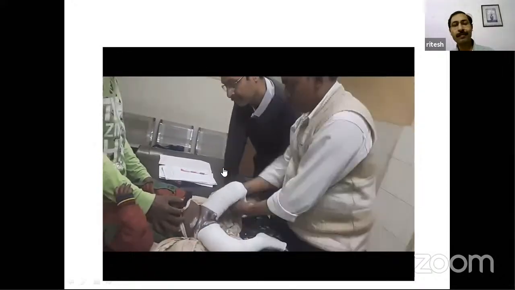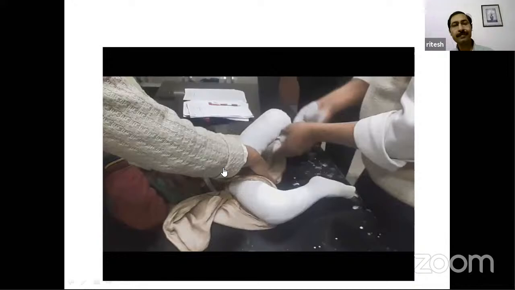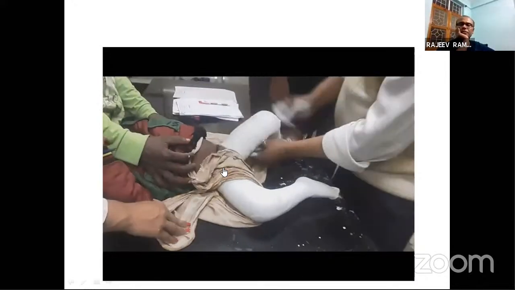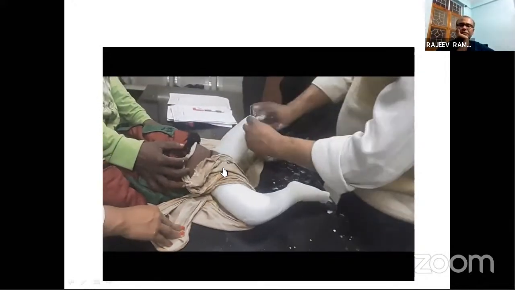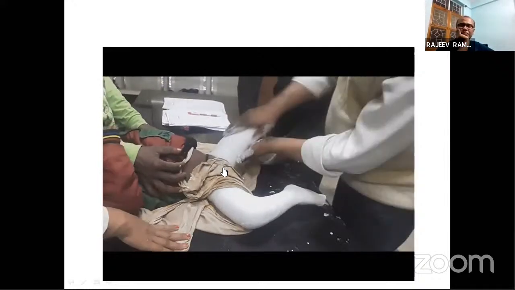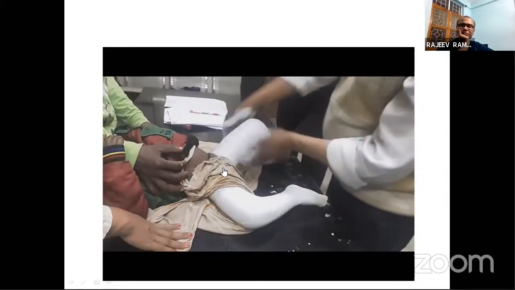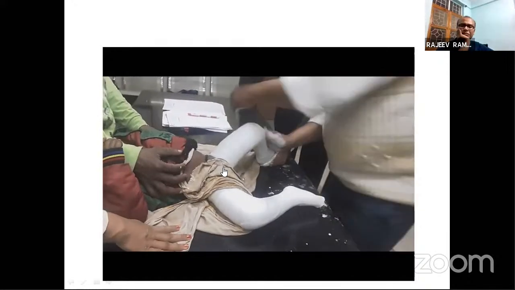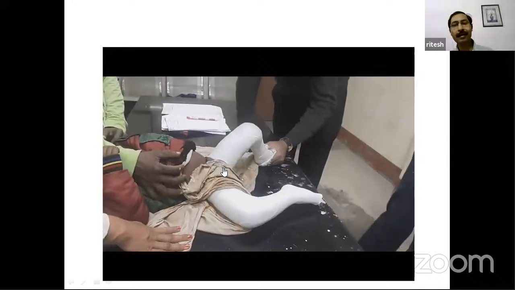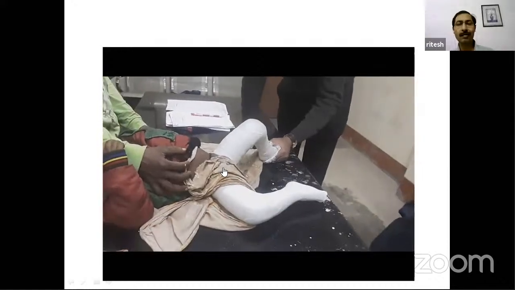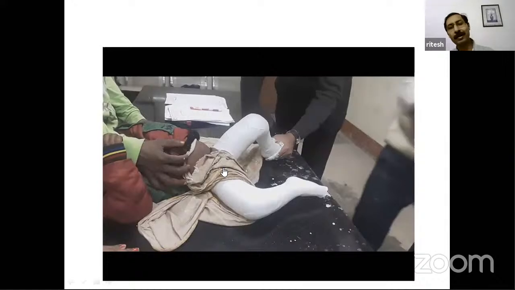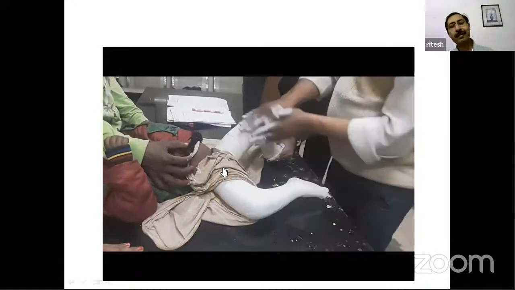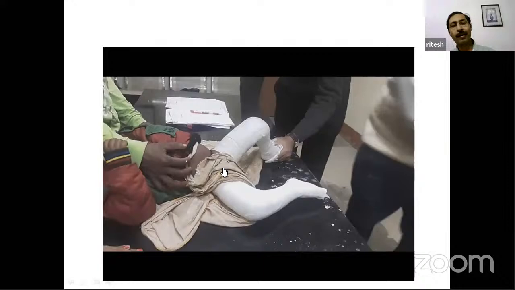And the risk of plaster slippage also reduces. Holding the left leg with the left hand in gentle external rotation, the person who is applying the plaster gets adequate space to apply the cast.